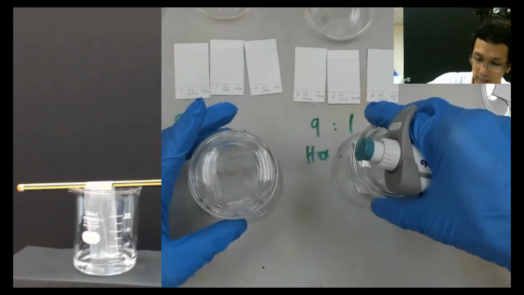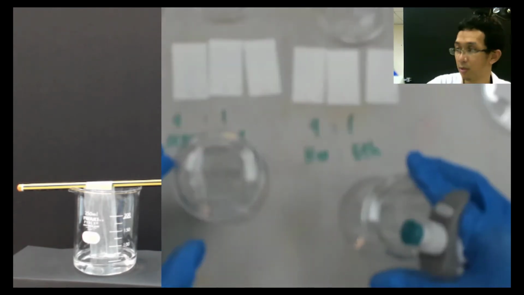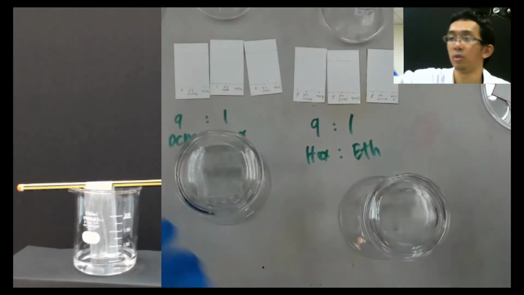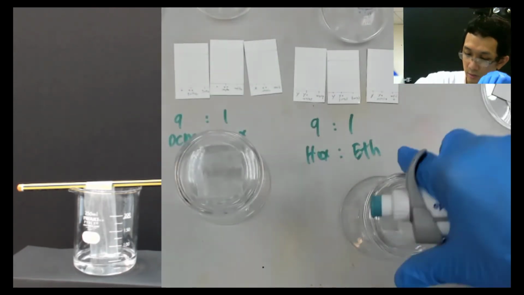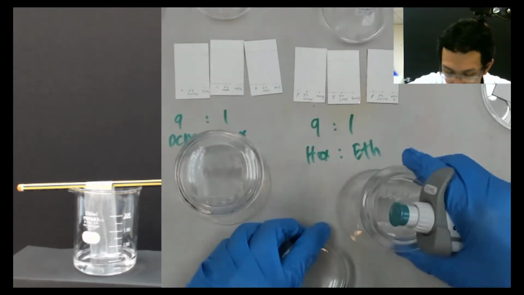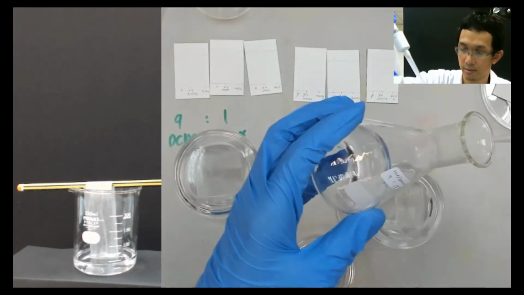So now the next one is this. So this is hexane and ethanol. So another new tip here. Again 5 ml. So we open this. Okay, and then we take that hexane and ethanol there.